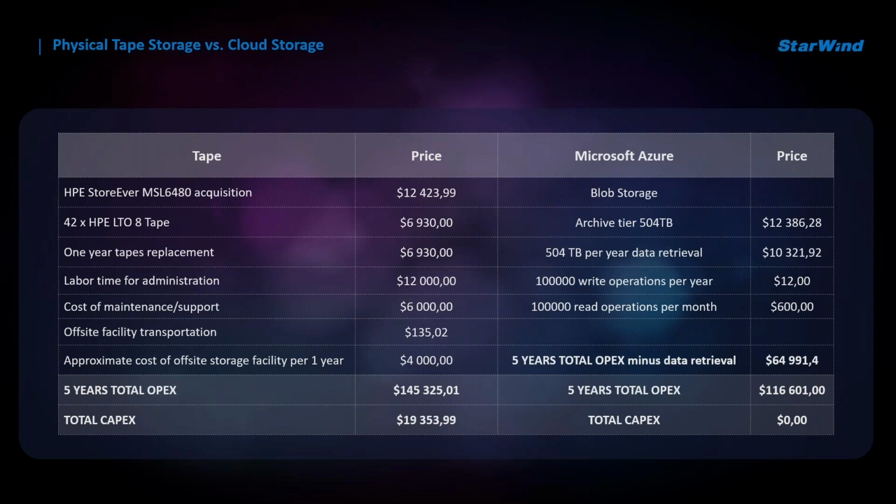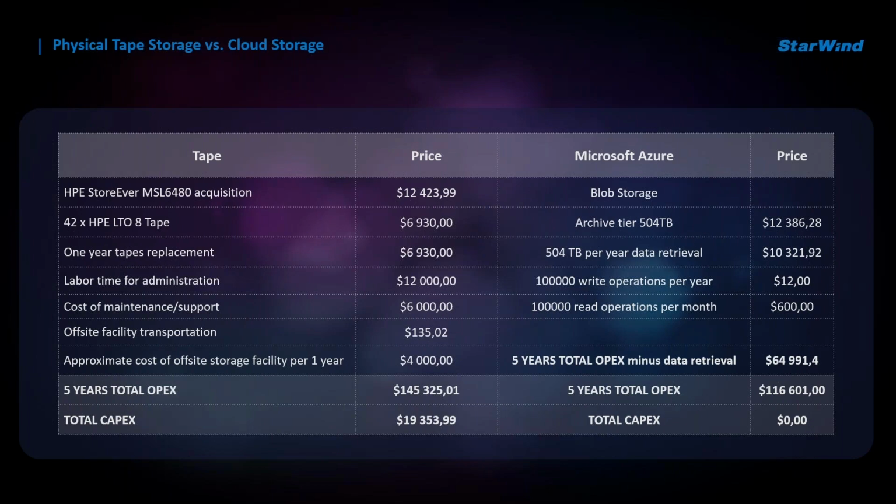Also, if you have some sort of internal backup rules that all of the data needs to be retrieved from the offsite facility, in our case Azure Blob Storage, it will cost $10,000 more per year just to retrieve all of the data. Also, as you can see, I specified 100,000 write and read operations per month and per year.